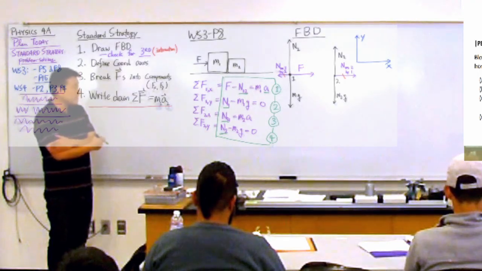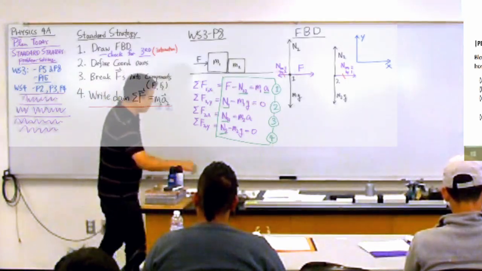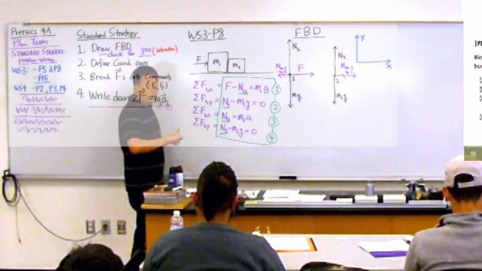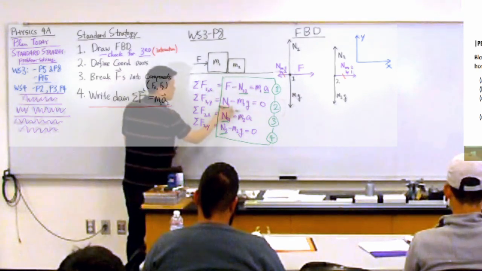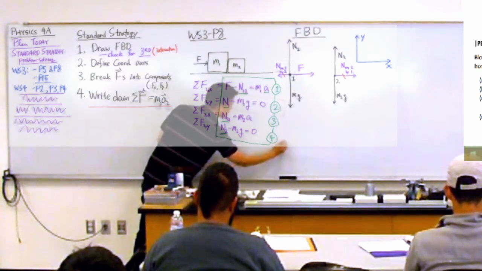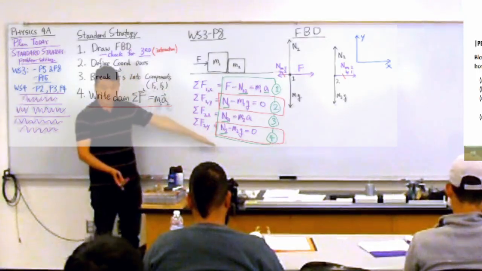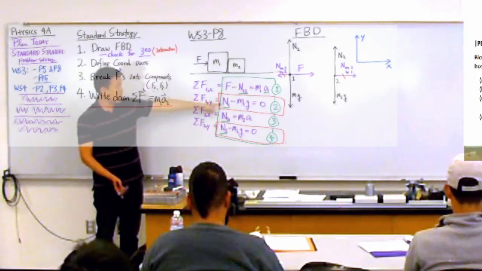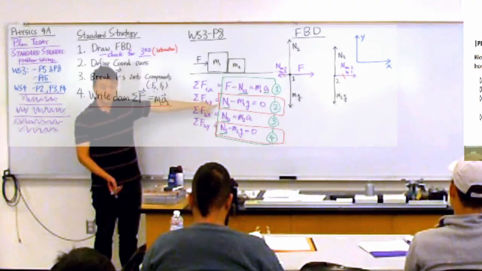Now, some of these are just overcomplicating the situation. Let me get rid of those right away. Those are this equation and this unknown, and this equation and this unknown. If you look carefully, N1 does not occur anywhere else in this system of equations except for this one.